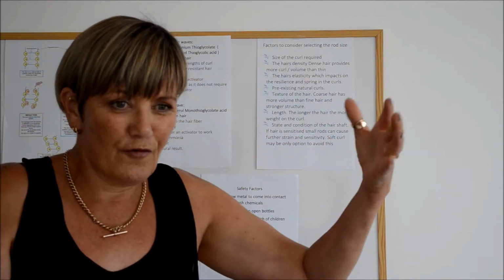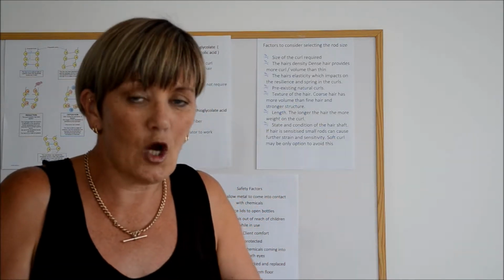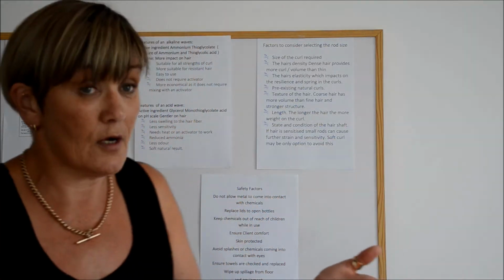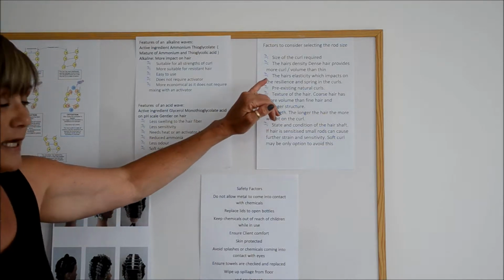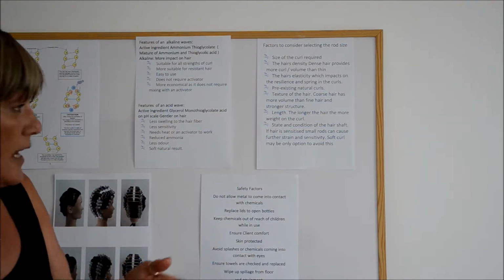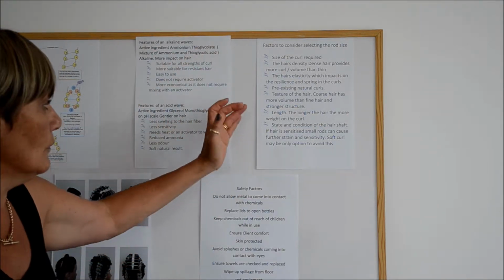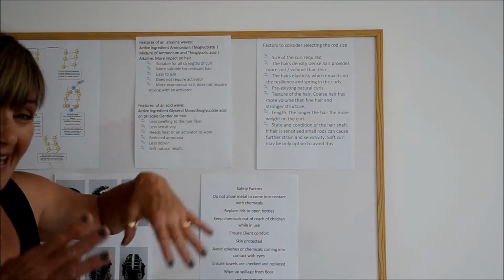If you use the same rods and solution strength on that particular hair type, you'll have a different result. You need to take into consideration the characteristics of the hair and scalp, and that includes the texture and the elasticity of the hair, any pre-existing natural curl, and the length.